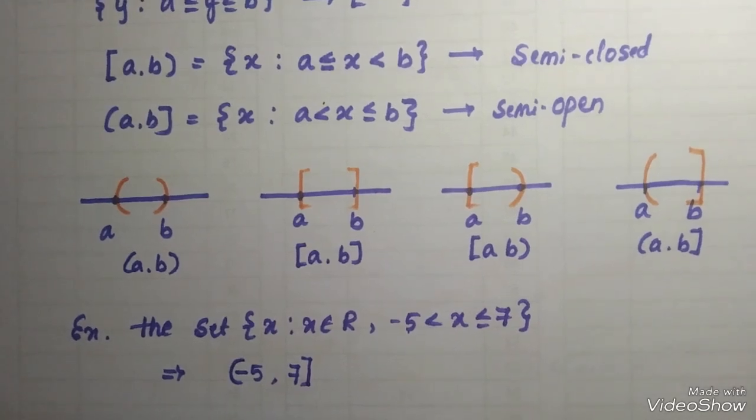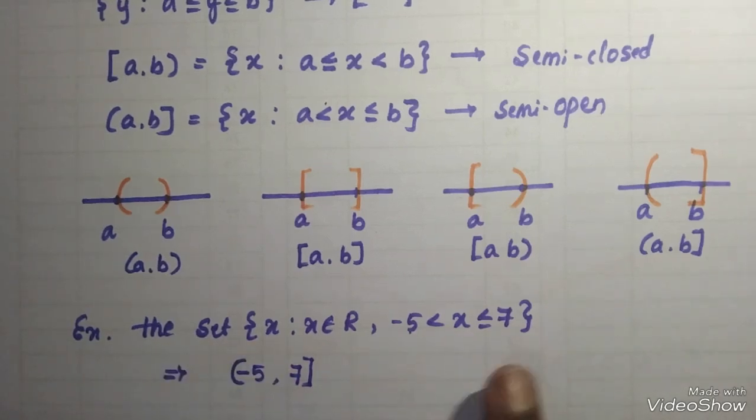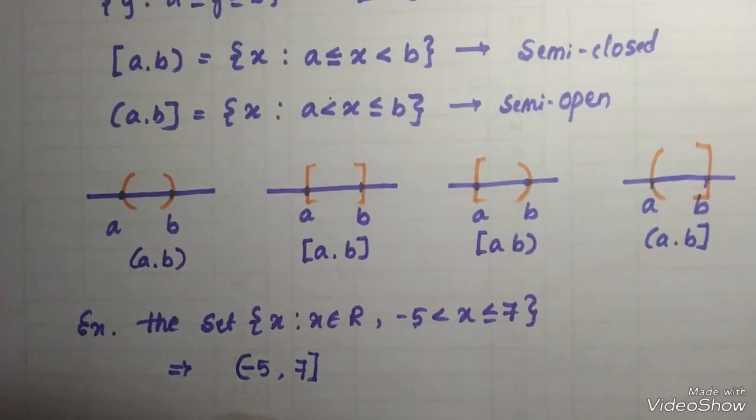This is the written form of the intervals. When they are given in set builder form, we have to write in the form of intervals. Sometimes they are given in the form of intervals, and we have to write the set builder form.